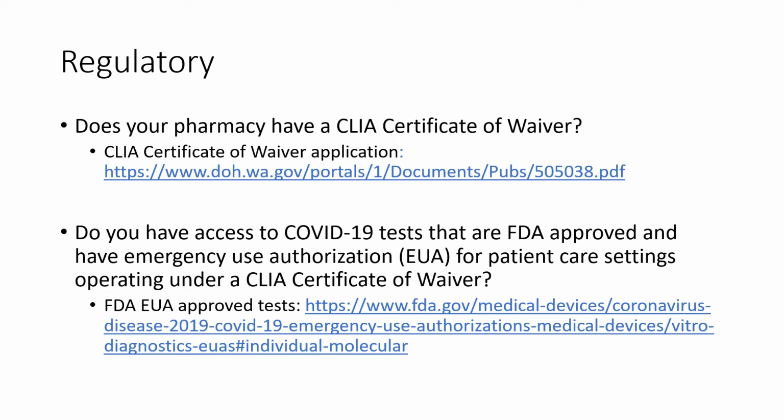The tests themselves are categorized by the FDA and the EUA for use in one or more of the following settings: laboratories certified under CLIA that meet the requirements to perform high complexity tests, laboratories certified under CLIA that meet the requirements to perform moderate complexity tests, and waived laboratories, that is, patient care settings operating under a CLIA certificate of waiver, such as pharmacies.